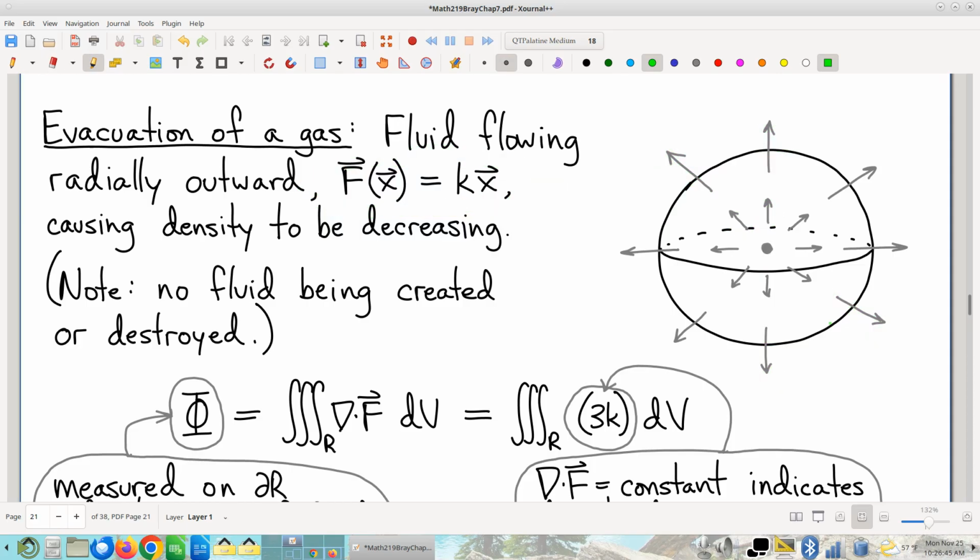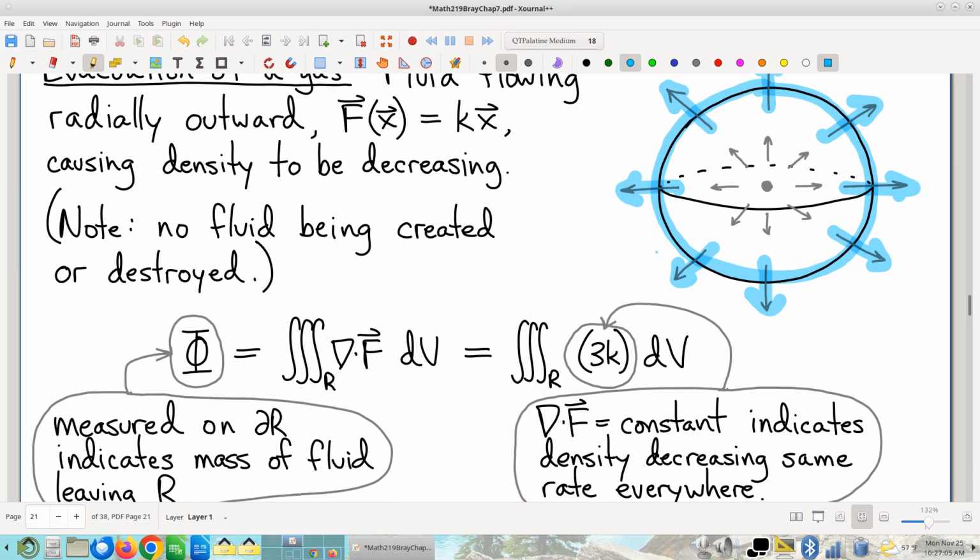And let's just look at the sphere here. On that sphere, again, there's clearly a flux. As the gas expands, some of that gas is going to be flowing through this boundary sphere. Right? And I can, as per usual, interpret that flux in one way by, let's just write down the divergence theorem.